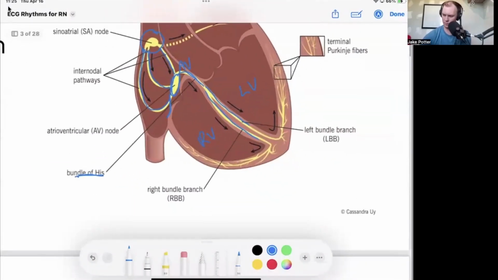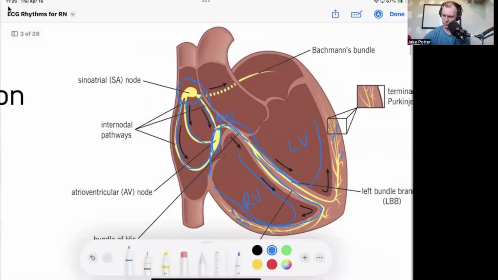And then in the bottom here, you have these Purkinje fibers. These are your terminal fibers. This is where the signal basically terminates, and that's where you get your contraction from. So the signal goes SA, AV, bundle of His, and then into the ventricles, generating a contraction.